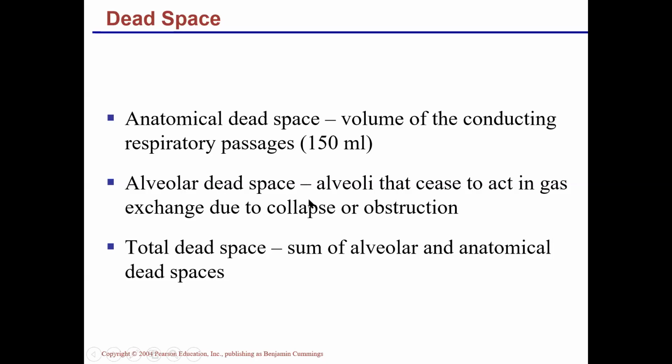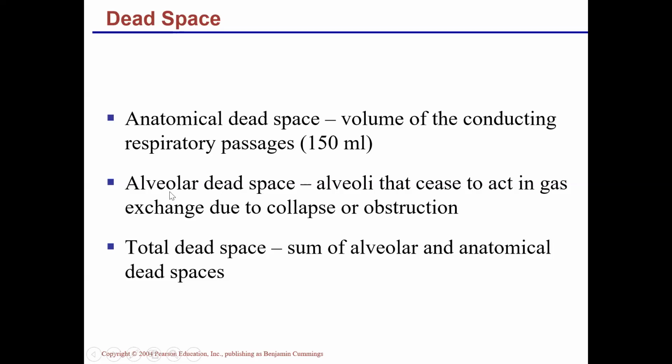For example, in TB patients, the alveoli are damaged, and the simple squamous epithelial cells are replaced by scar tissue. In that case, even though the air gets into the alveoli, no gas exchange can take place, because the gas cannot diffuse across the scar tissue. So the volume in those damaged alveoli will be considered dead space as well.